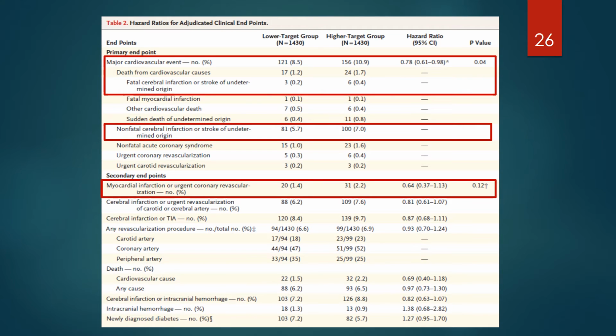So here we can see the endpoints of the trial. Major cardiovascular events were less in the lower target group as compared to the higher target group. You can see there were fewer non-fatal cerebral infarctions or strokes in the lower group. As far as the secondary endpoints, the initial one was not statistically different, so they didn't really run statistics on the rest of the events.